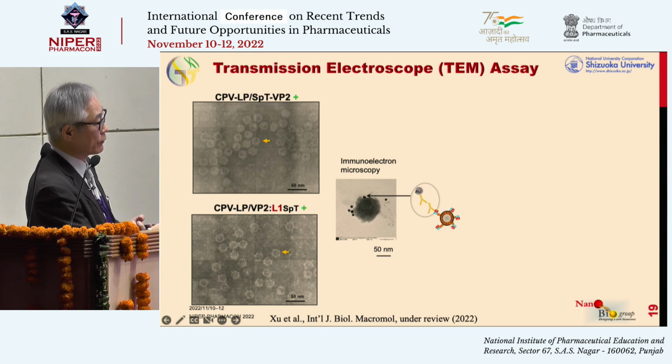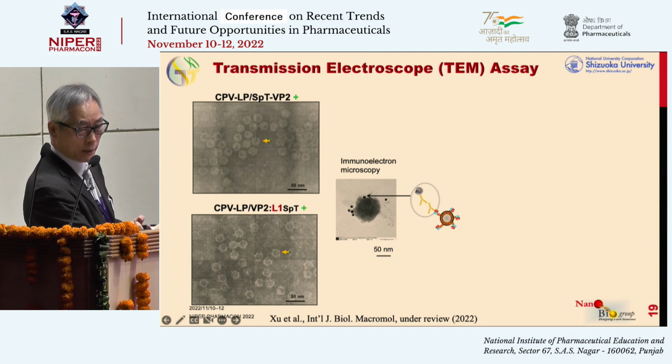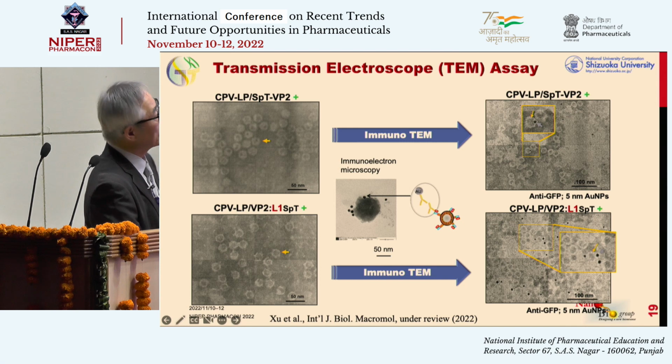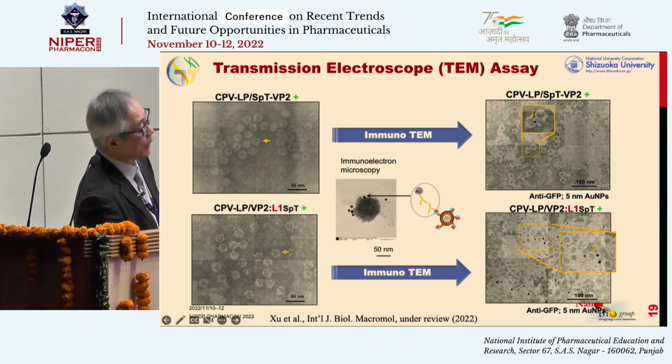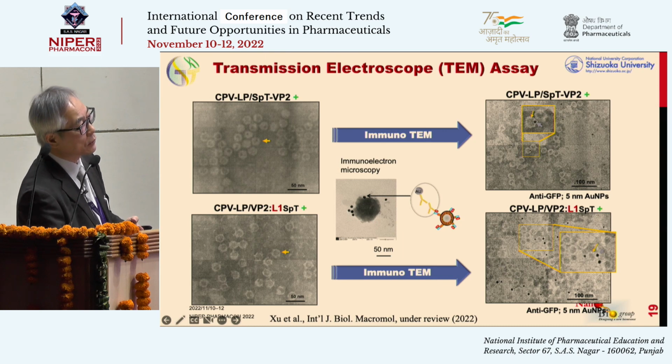Shown here, on the very surface of this VLP, you can confirm this black spot is the golden nanoparticle. It means that in this site, EGFP was displayed. Here, in this case, we cannot find many golden nanoparticles.